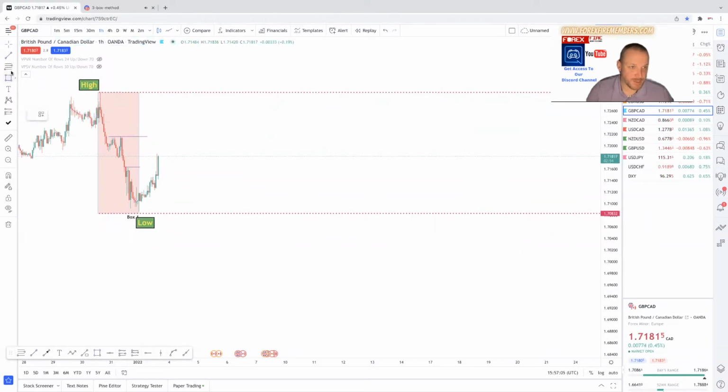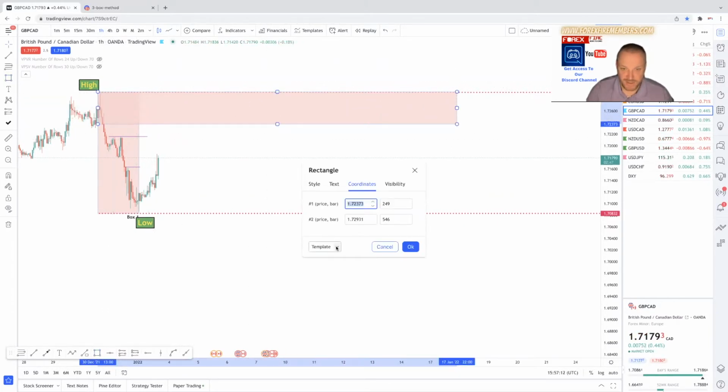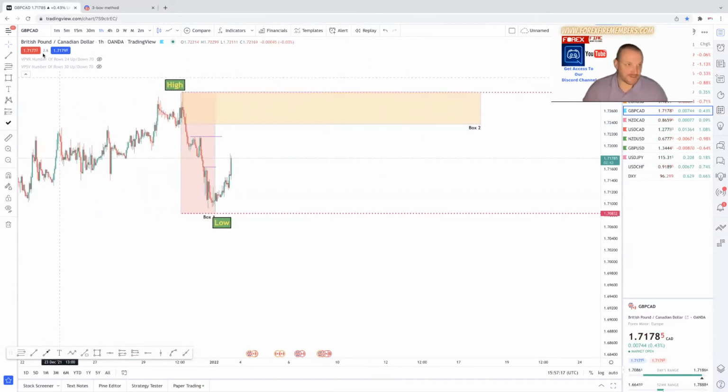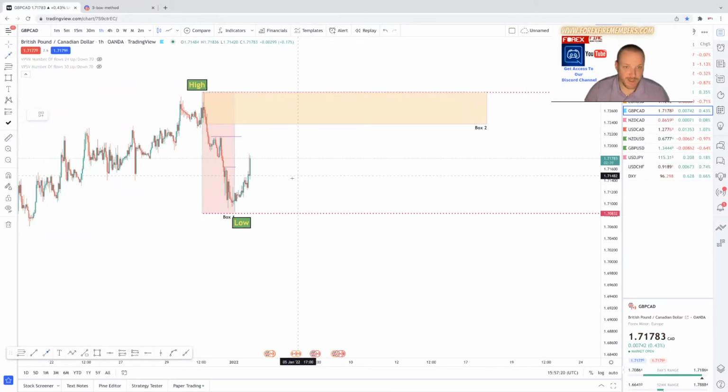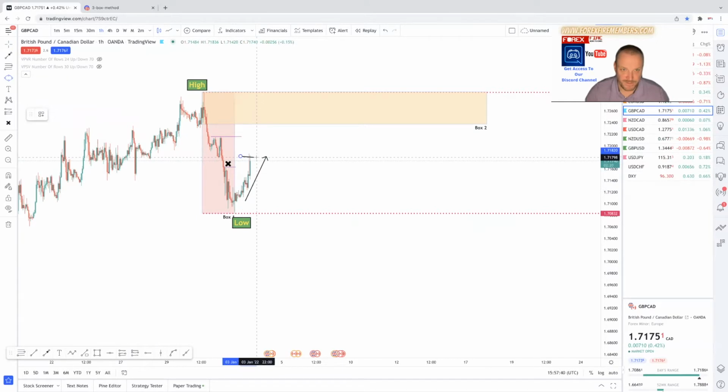Now I'm anticipating this area here, which will be known as box 2, to be entered, to be mitigated. So as we get the price rising back up to take the liquidity of these areas where this one has already been taken, so liquidity has been taken back on the return from there, we then have a price which is currently residing here.